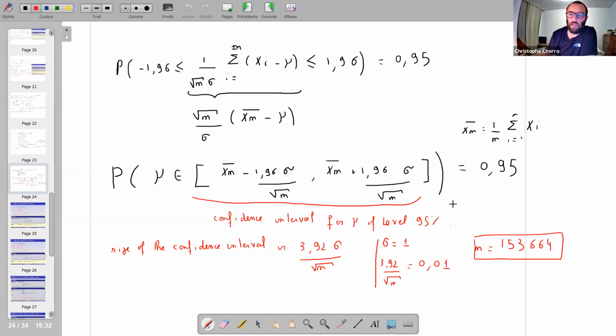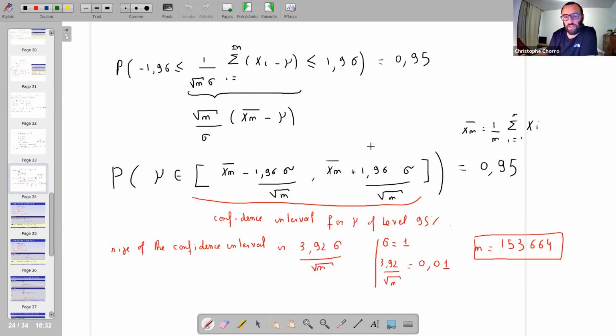But here, the number of observations that you need in order to obtain this level of precision, that is the size of the confidence interval 0.01, is smaller with respect to what I can obtain from the Chebyshev inequality in the first part of the sampling session. So for the mean, I am in this situation. But there is a but here. There is a big but.